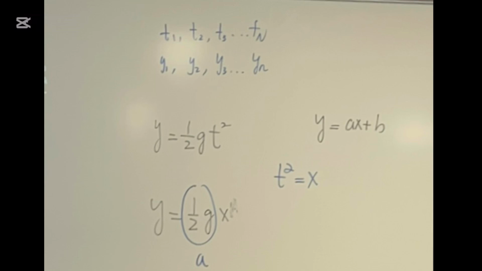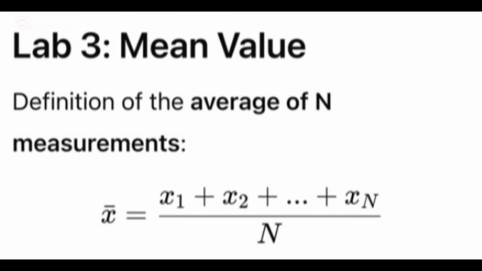This is not linear, it's parabolic. But if I set t squared equal to x, then your equation is linear.